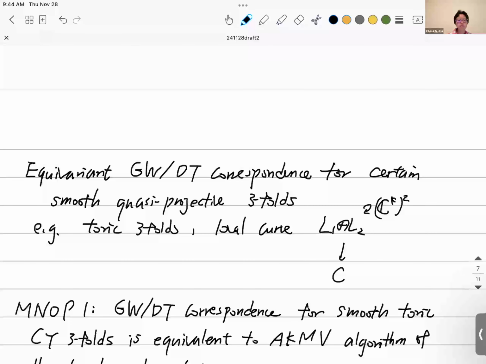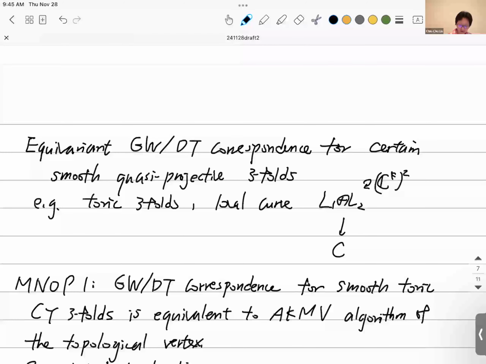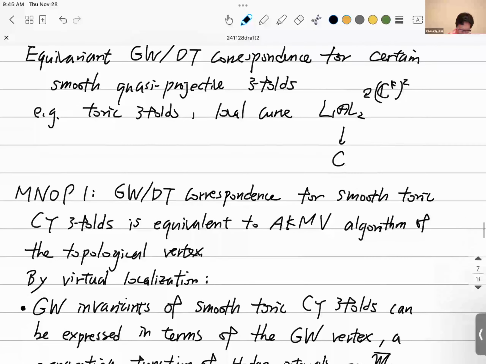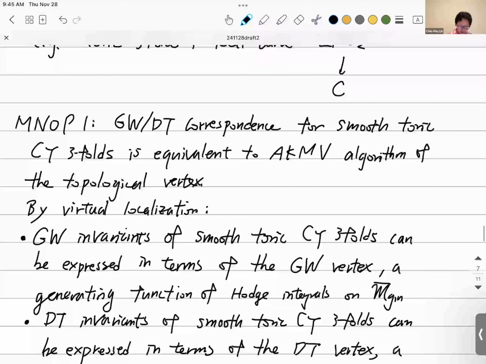In their first paper, they also show that the Gromov-Witten DT correspondence for smooth toric Calabi-Yau threefolds is equivalent to the Aganagic-Marino-Vafa algorithm of the topological vertex. By localization, the Gromov-Witten invariants of smooth toric Calabi-Yau threefolds can be expressed in terms of the Gromov-Witten vertex.